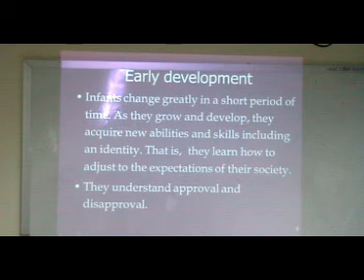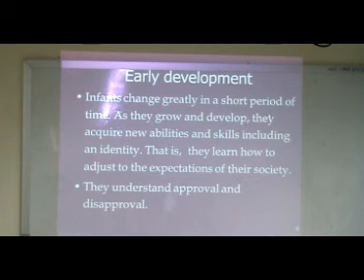As they grow and develop, they acquire new abilities and skills, including an identity that's connected to the identity of the culture. That is, they learn how to adjust to the expectations of their society.